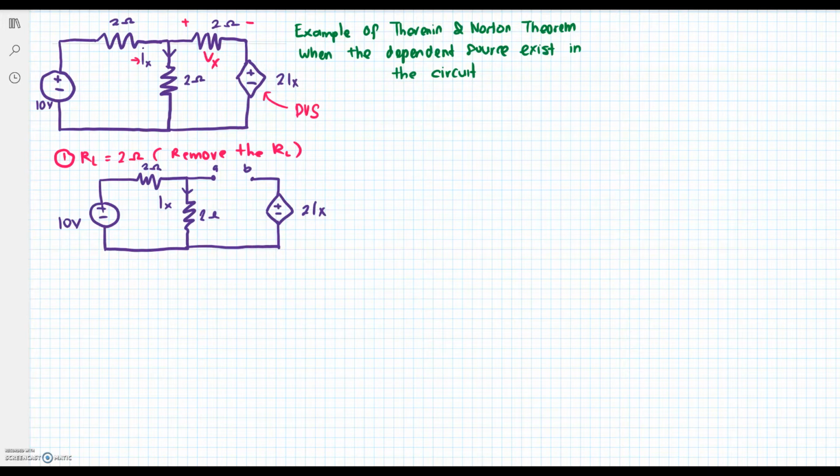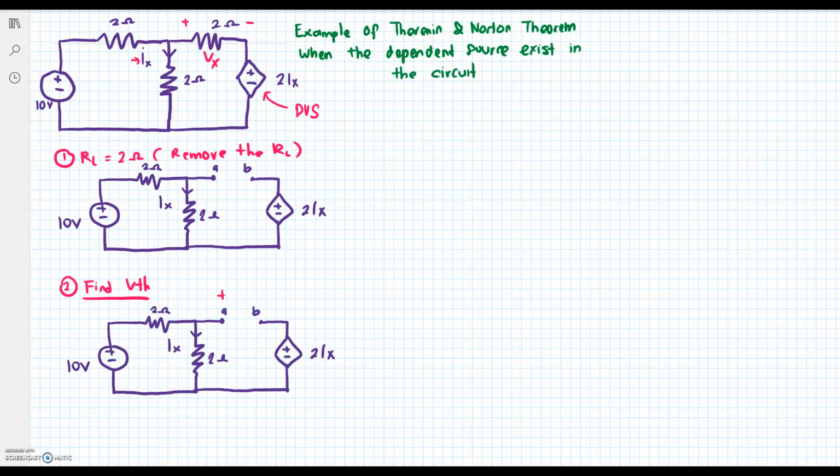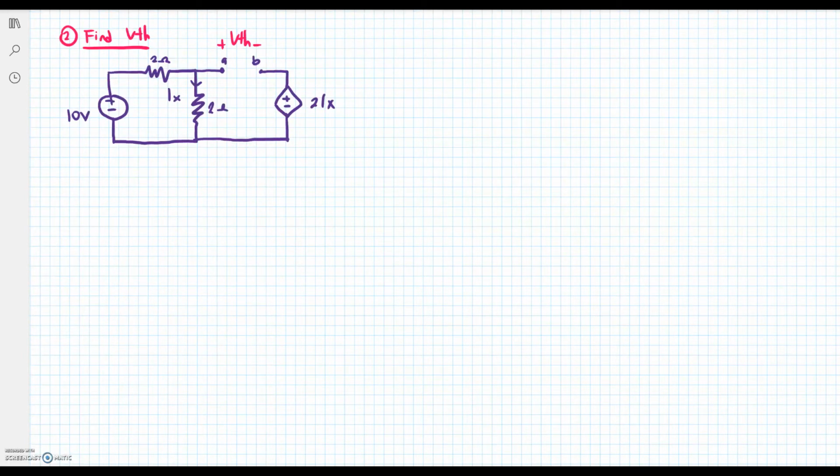So step number 2, find V Thevenin. Okay, when you redraw the circuit, you need to find the V Thevenin at terminal A, B. Here is V Thevenin, and you need to find the V Thevenin across the terminal AB.